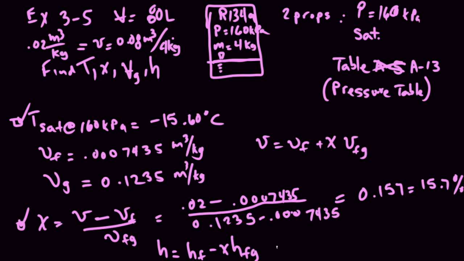If you look up 160 kilopascal in the table, you're going to find an entry labeled H sub fg, which is simply the enthalpy of the vapor minus the enthalpy of the liquid. You can calculate it, but oftentimes it's already given there. So we have everything here. This is a table lookup. This is 15.7%, so you put it down as 0.157. And this is also a table lookup. So then we can find the enthalpy.